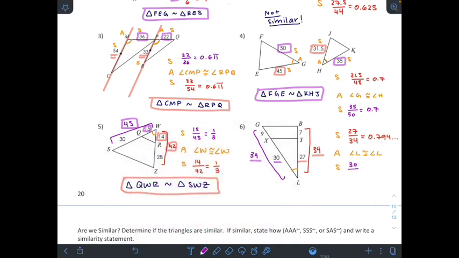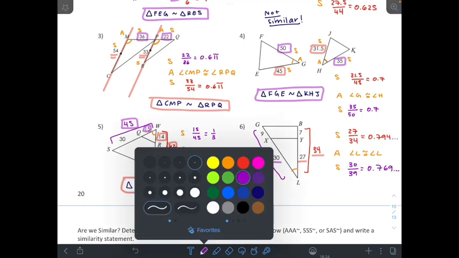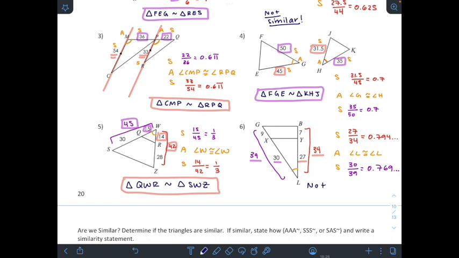And then I can do 30 over 39 and see what that reduces to. 0.769... So this is an example where the proportions seem like they might be the same. And if you rounded it, honestly, they would definitely seem like they're the same. But the decimals do matter. And the decimals tell us that that is not the exact same proportion as we would expect. So since we do not have sides that are actually proportional, we would just say not similar on this one.